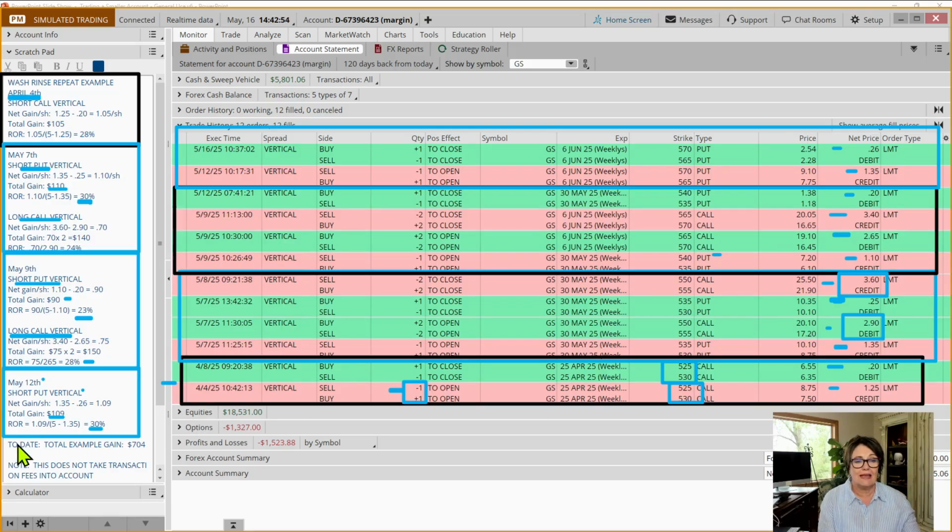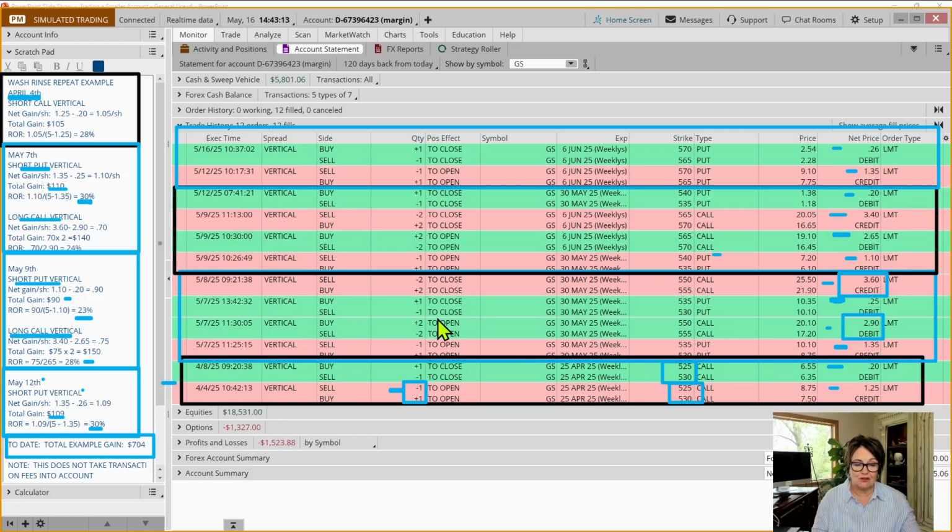But the total gain was $704. And this doesn't take transaction fees into account. But we had in total 28 individual contract legs.